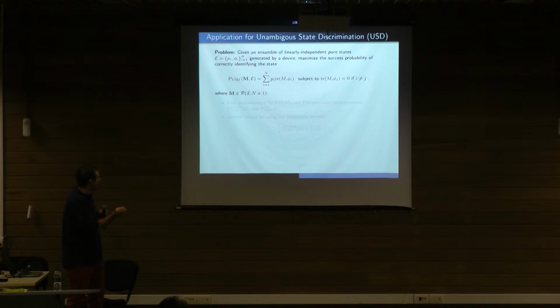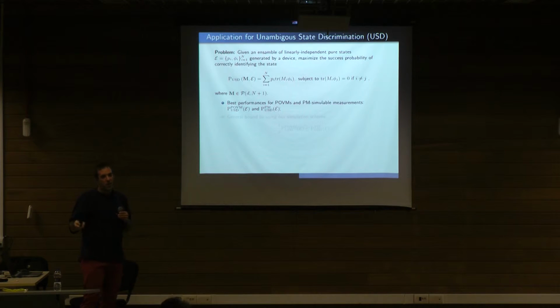Because of this condition, it's natural to consider POVMs as good candidates for this task. And then one can wonder, for a given ensemble of states, what is the maximal success probability that is attainable with the usage of POVMs, and the best success probability attainable with the usage of projective measurements.